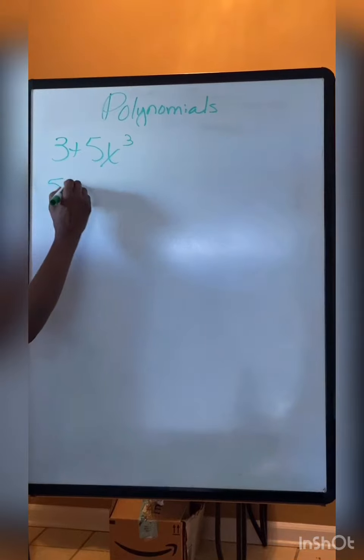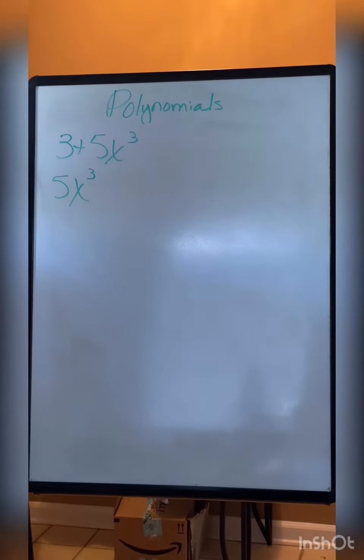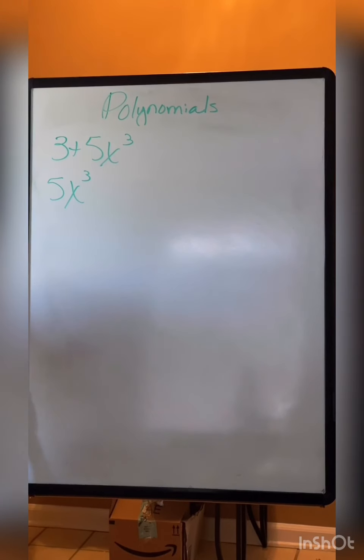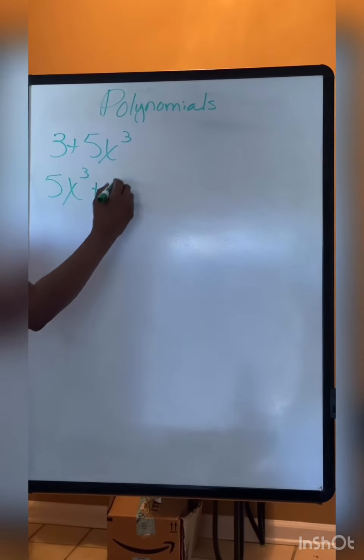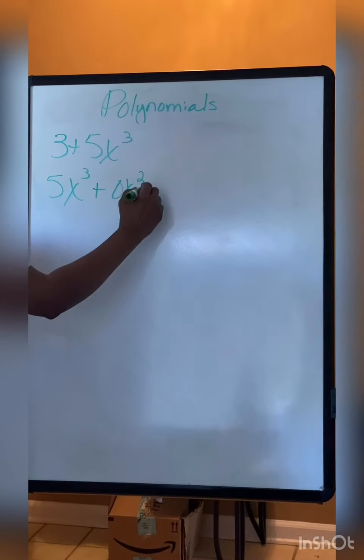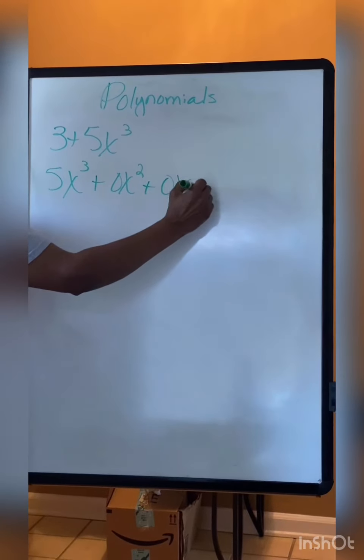So when I rewrite that, it'll be a 5x cubed. I don't see an x to the second. So if you add 0 to something, that doesn't take away from anything with the problem. So I'm going to add a 0x squared. I'm letting this decrease. I don't see an x to the first, so I'll have a 0x, then plus 3.